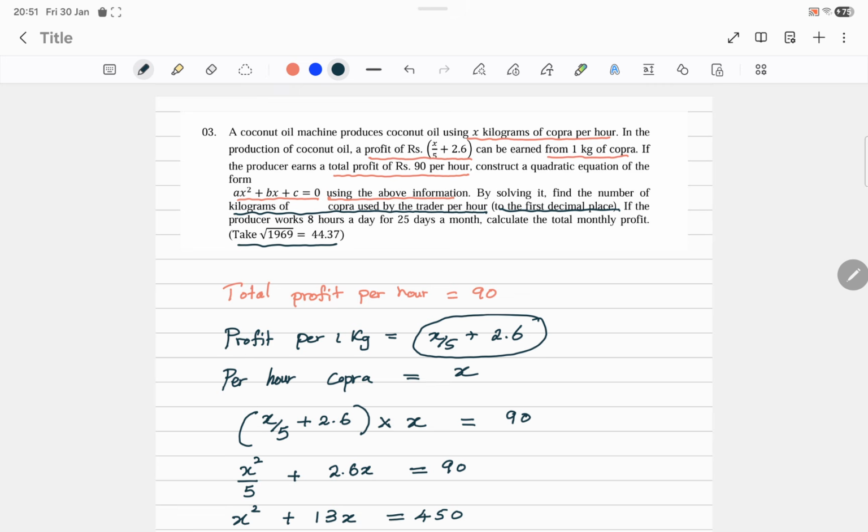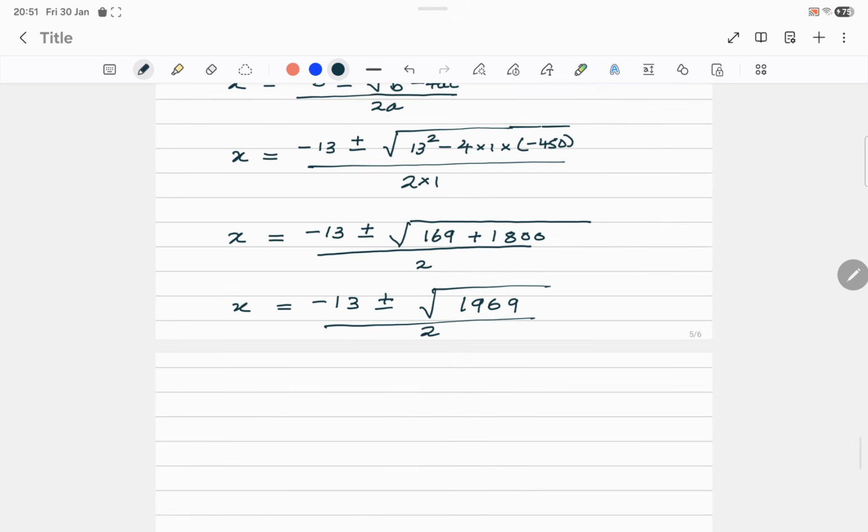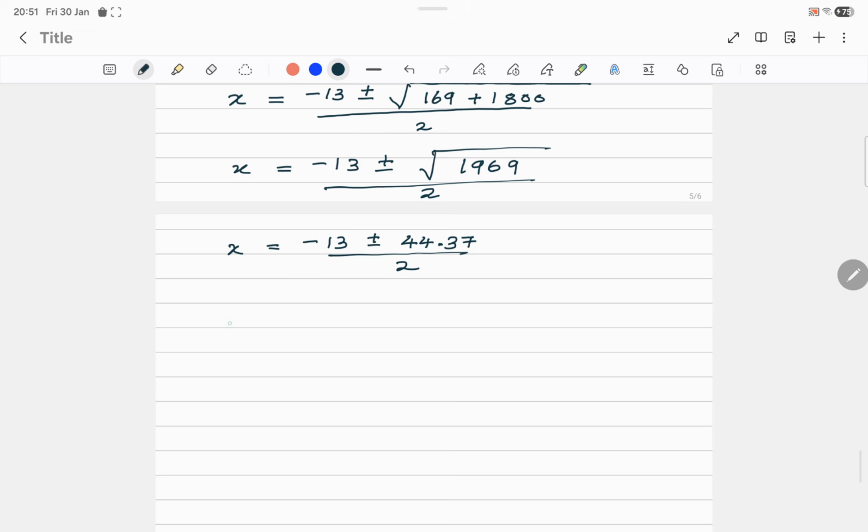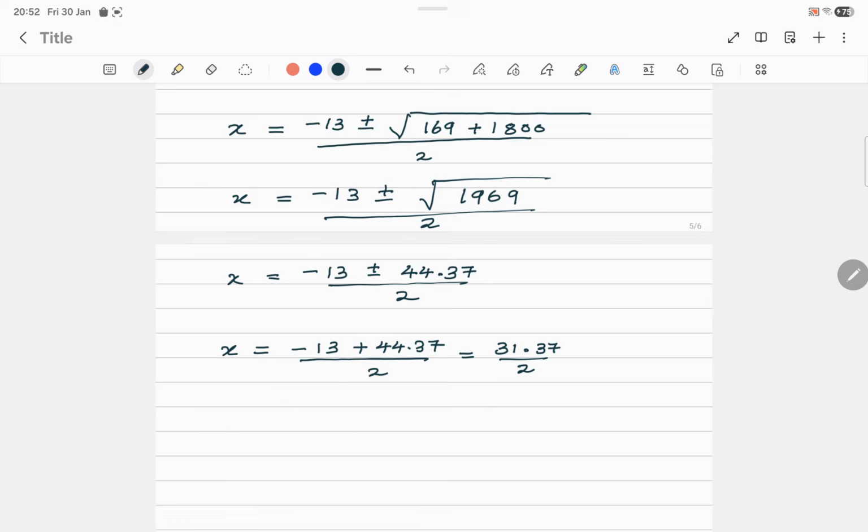And then they have given us that the square root of 1969 is 44.37. So we'll use that: x equals minus 13 plus or minus 44.37 over 2. We can ignore the negative answer. x can't be negative, no? So the answer would be x equals minus 13 plus 44.37 over 2, which is 31.37 over 2.